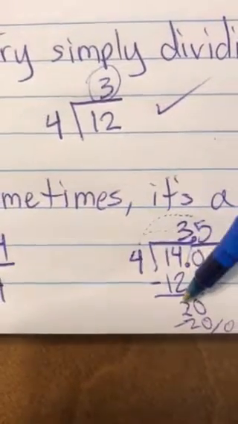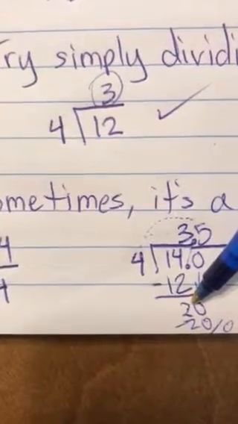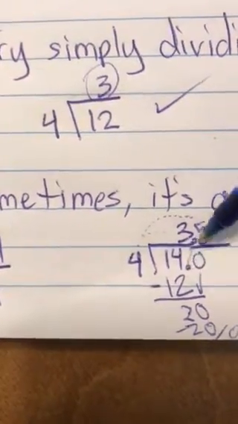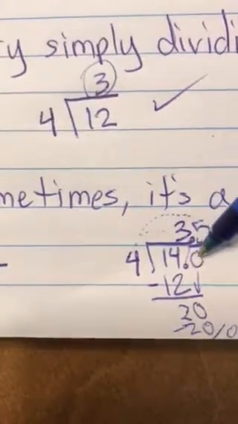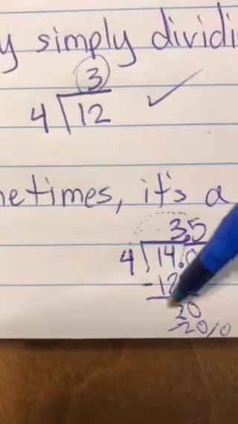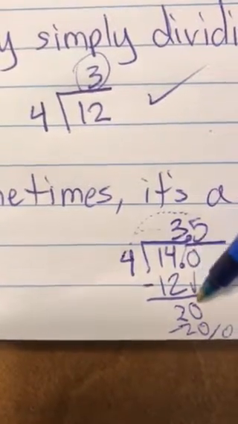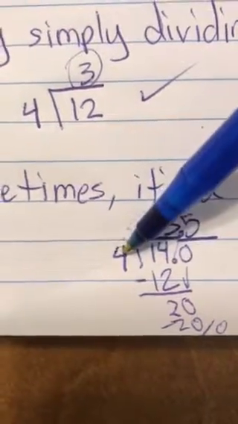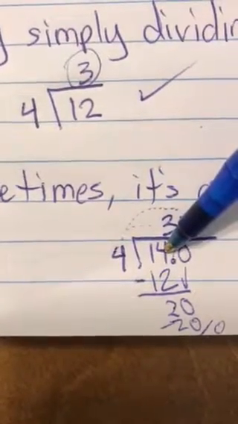So we said, wait a minute, I don't have 0 as my remainder yet, and that's not going to work for me right now. So I'm just going to add a decimal here, and a 0. Then I can bring the 0 down. I got 20. Right after I bring down is when I start over with my process. Just as I said, how many times does 4 go into 14?